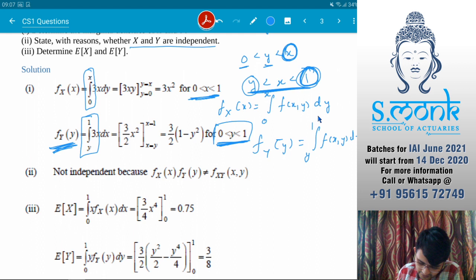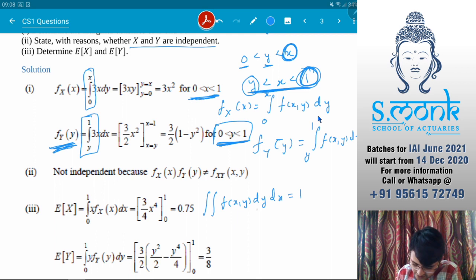So if I want to find the sum of all probabilities, the double integration of the joint distribution will be equal to 1. So I take the integration of f of x comma y dy dx equal to 1.